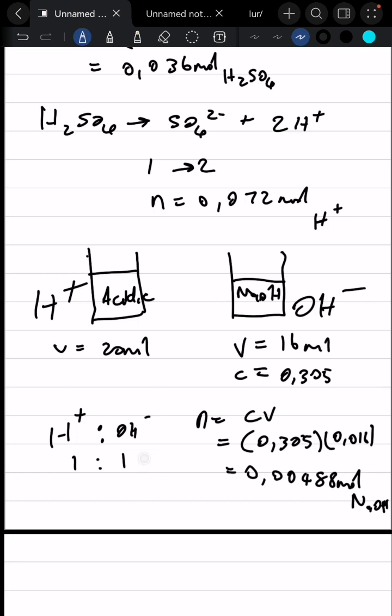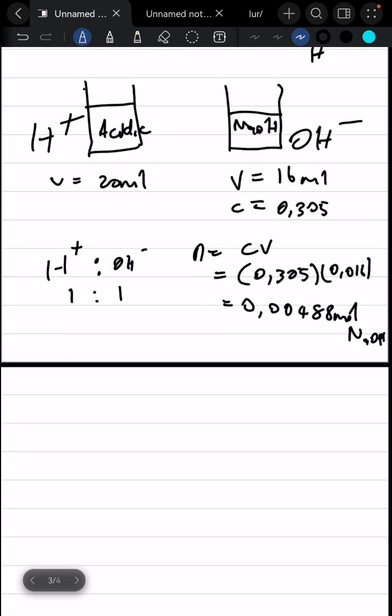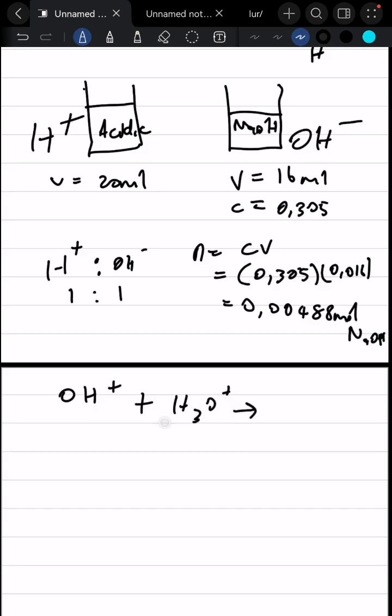If you react the two, they will give you water.